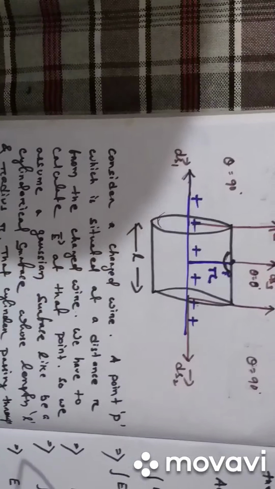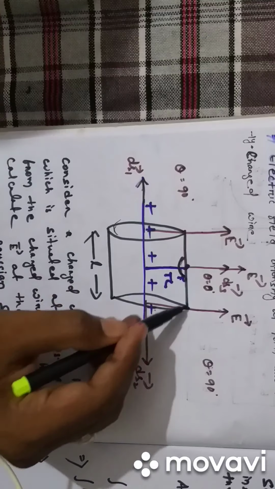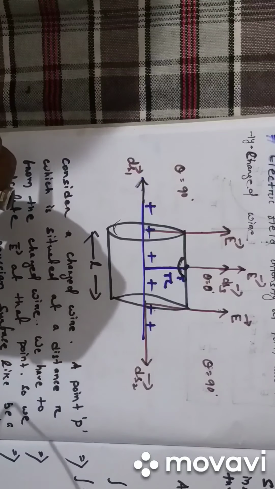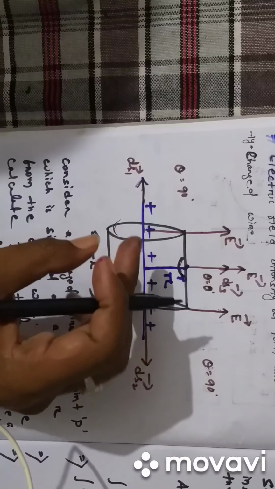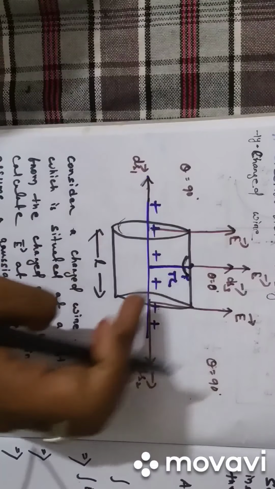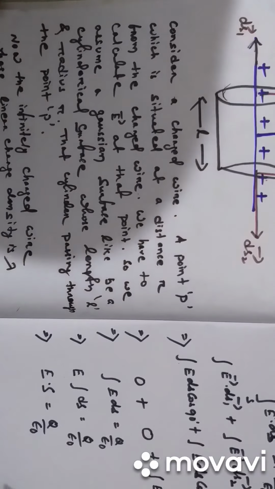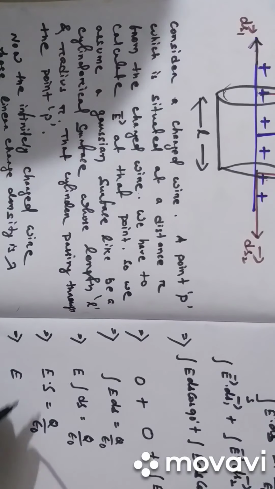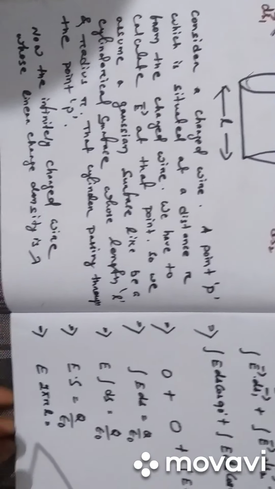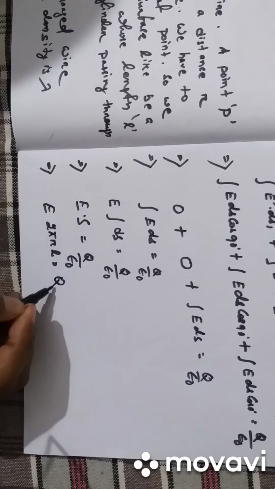Now in the above diagram, this is the cylinder. The area of the curved surface is given by circumference times length of the cylinder. Circumference is 2 pi r and length of the cylinder is L. So S for the total surface, E times S means 2 pi r L, equal to q by epsilon naught.